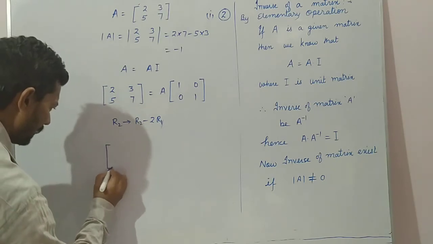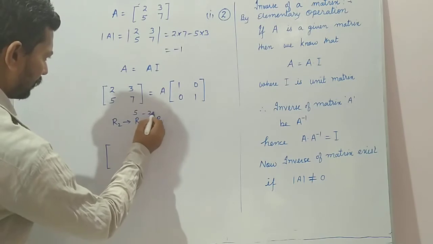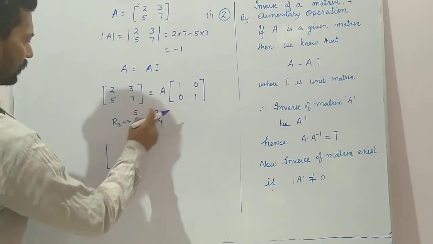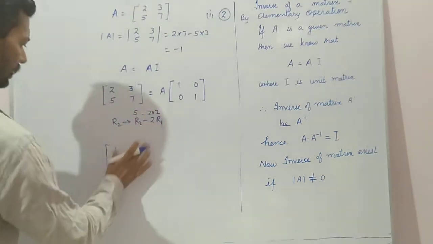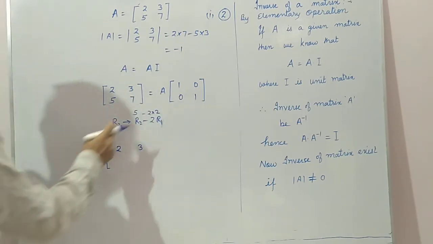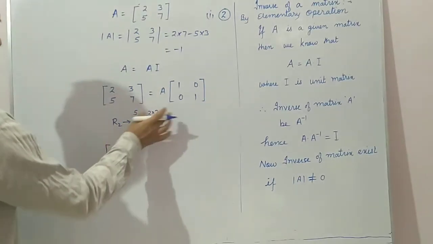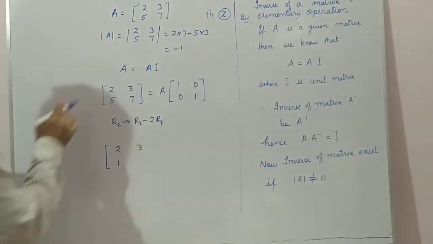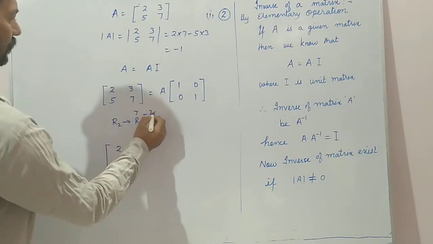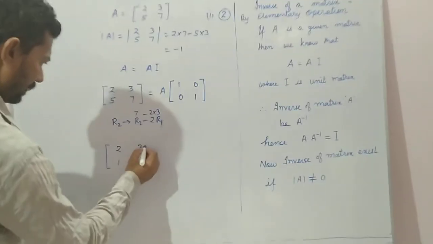You can check here: row 2 is 5 minus 2 into row 1. This is 2, so this will become 5 minus 2 into 2, 4, that is 1. This is as it is. Again, the row 2 element 7: you just put here 7 minus 2 into 3. R1 is 3, so 7 minus 6, that is 1.